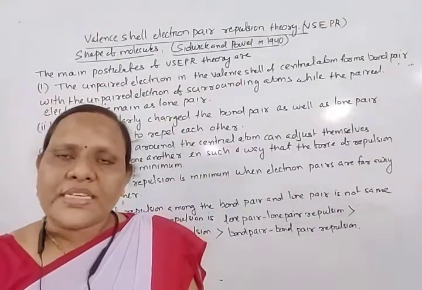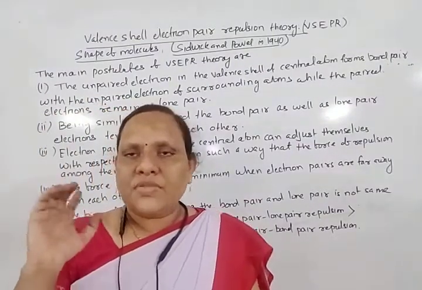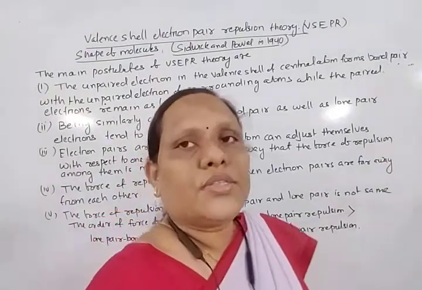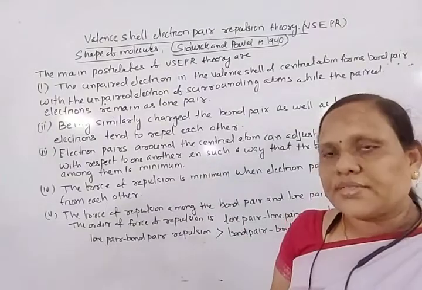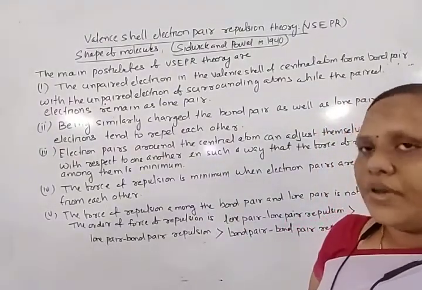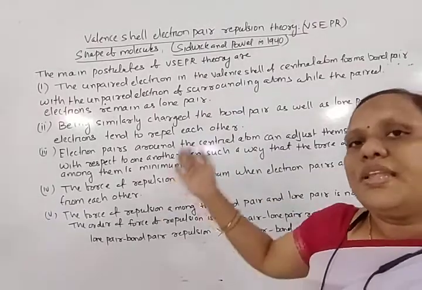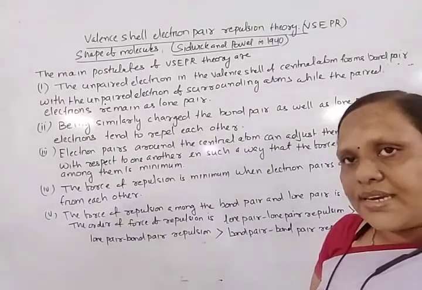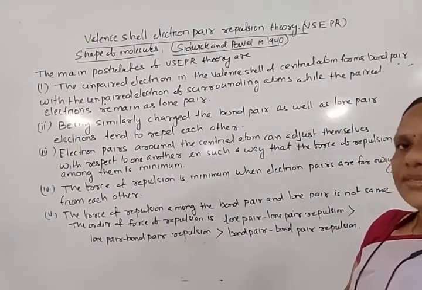You note this down. Today you write down these notes, and we will discuss the shape of molecules and I will explain this valence shell electron pair repulsion theory in the next class.